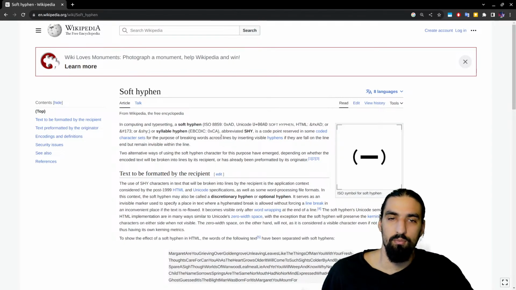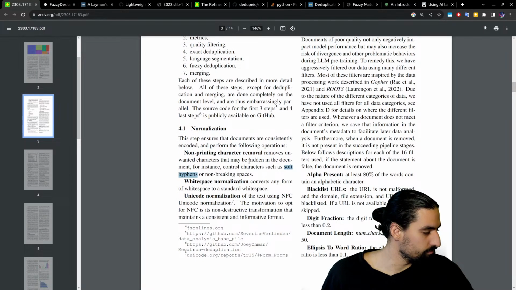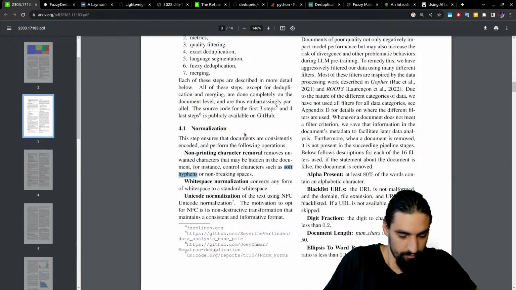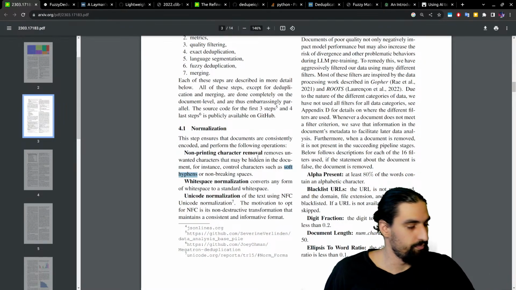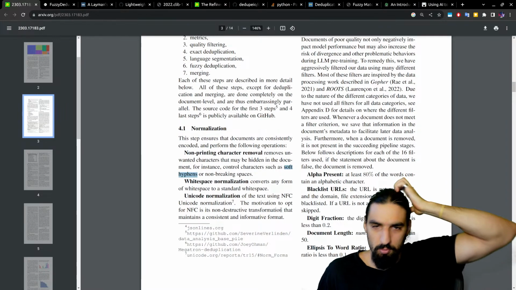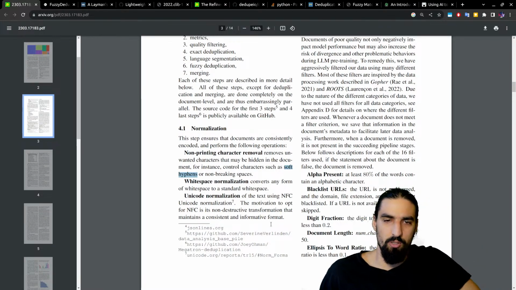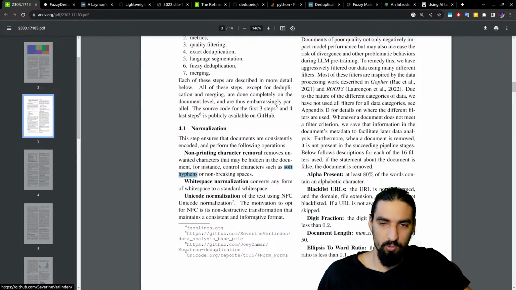White space normalization converts uniform white space to center white space. Unicode normalization, NFC Unicode normalization. The motivation to opt for NFC is its non-destructive transformation.